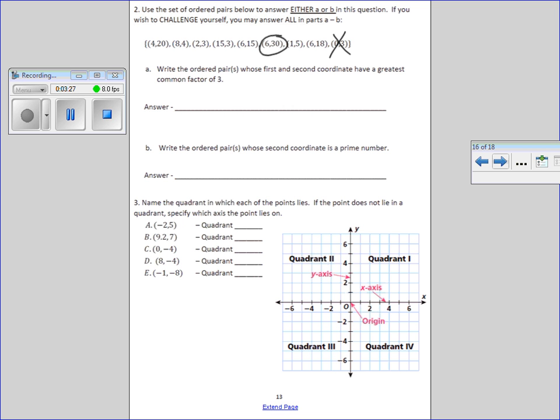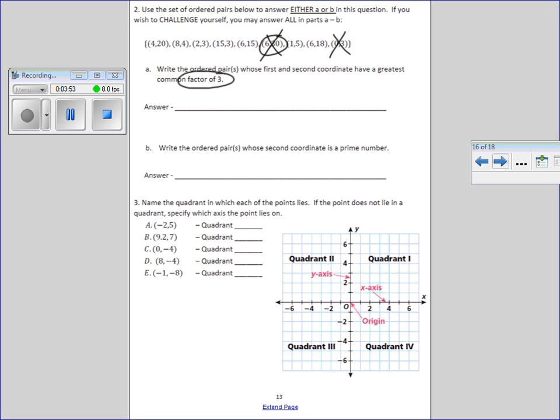No good. You know why? It has a common factor of 3, but the greatest common factor is 6. 6 goes into 6, 6 goes into 30. Can't use it. We need to find a GCF of 3. No higher, no lower.